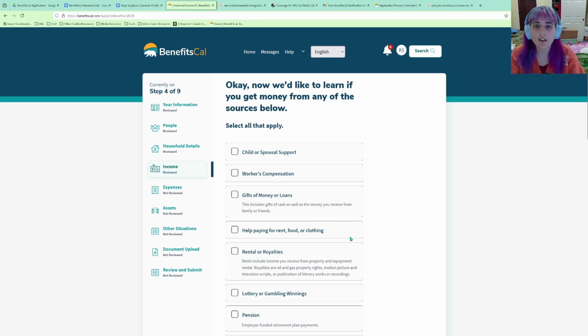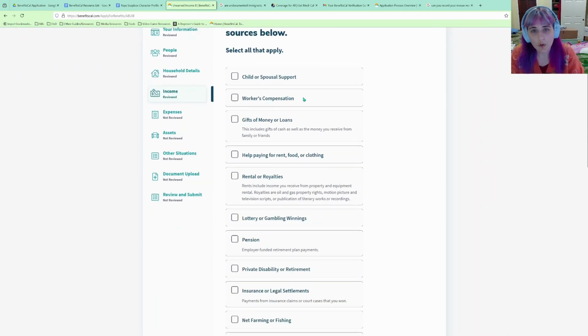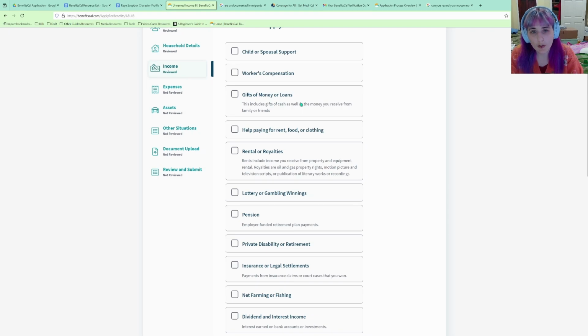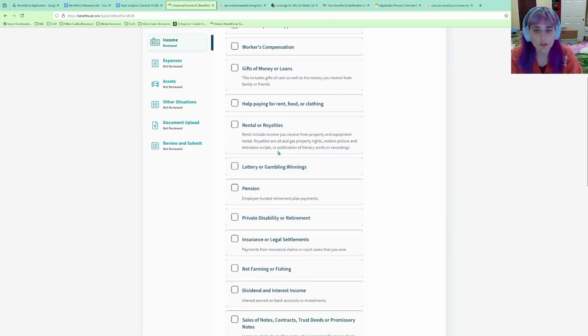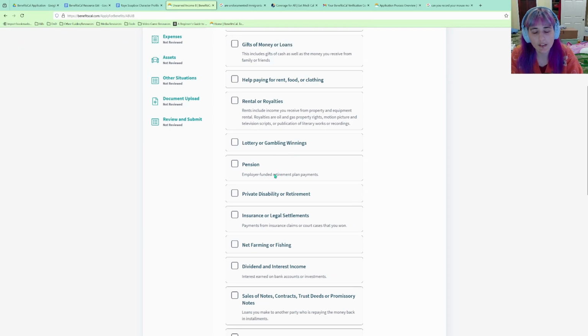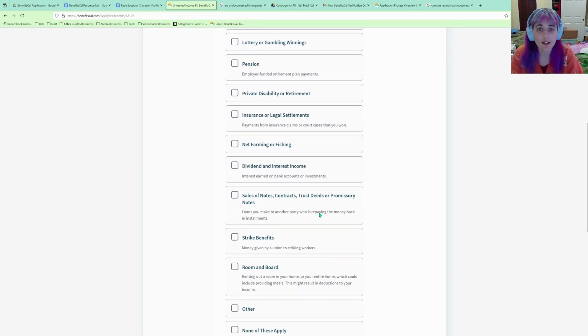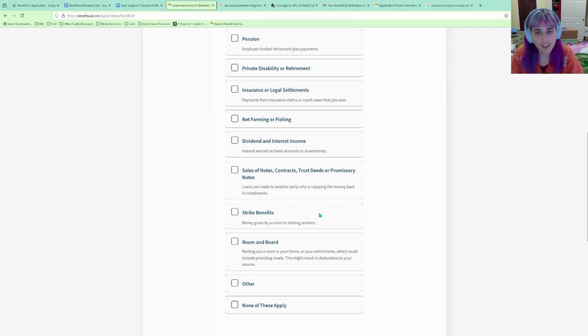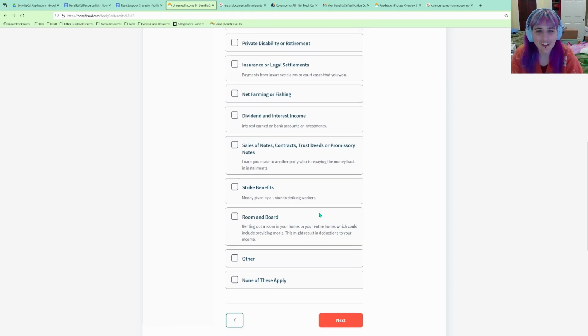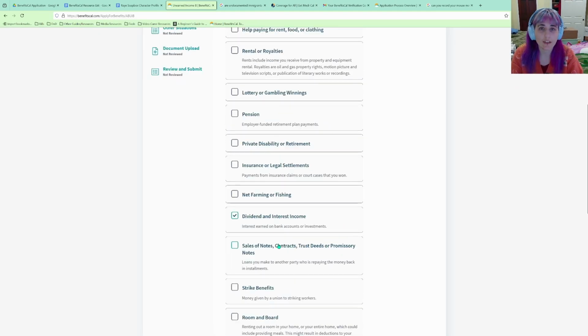Now we'd like to learn if you get money from any of the sources below. Child or spousal support, workers' compensation, gifts of money or loans, help paying for rent, food or clothing, rental or royalties, lottery or gambling winnings, pension, private disability or retirement, insurance or legal settlements, net farming or fishing, dividend and interest income. Oh, this is where you would put interest income from your bank accounts, for example.